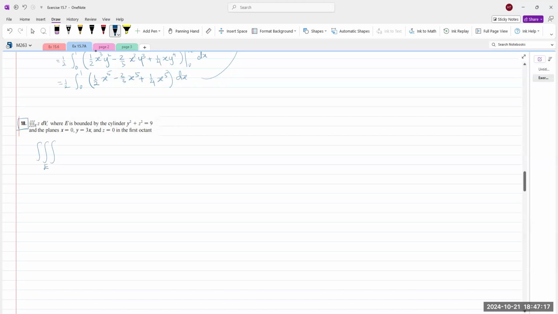I need to set up the integral of z dV where E is bounded by the cylinder y squared plus z squared equals 9. Oh, that's parallel to the x-axis, so that is actually a cylinder that goes this way. This is the sketch.